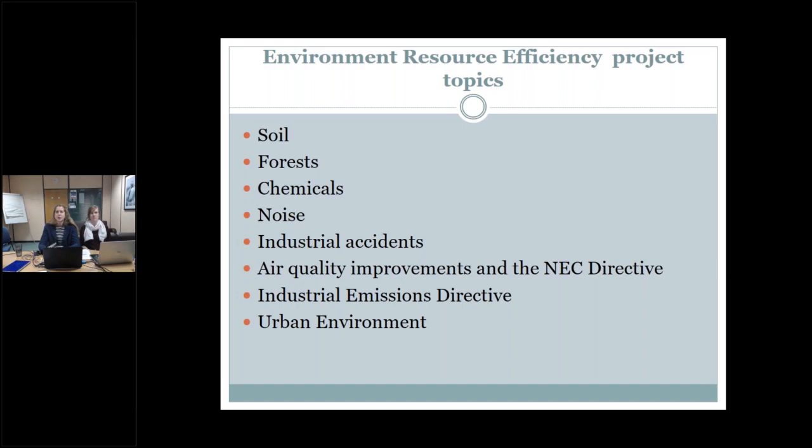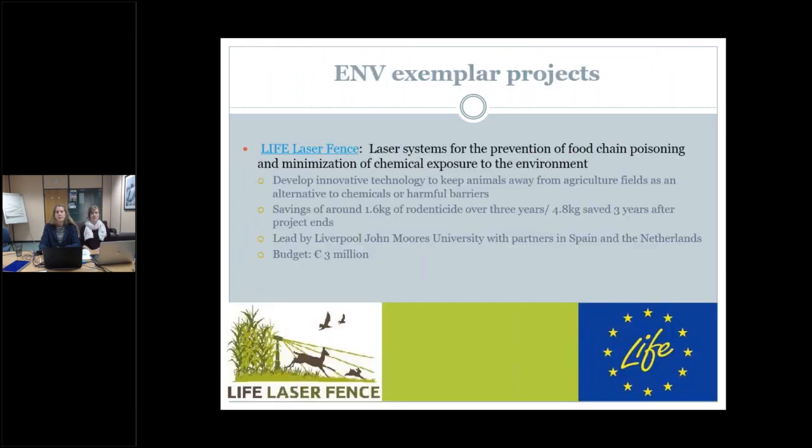Further thematic priorities include soil, forest, chemicals, noise, industrial accidents, air quality improvements, and the NEC directive, the Industrial Emissions Directive, and the urban environment. And these are just the topic headings, and I recommend that you have a close look at pages 21 to 30 of the 2019 guidelines if you think your project idea fits under one of these headings.